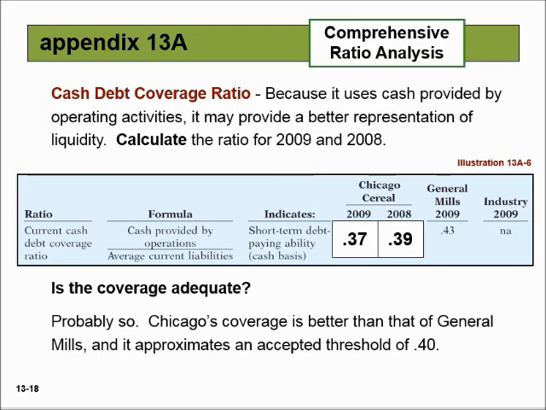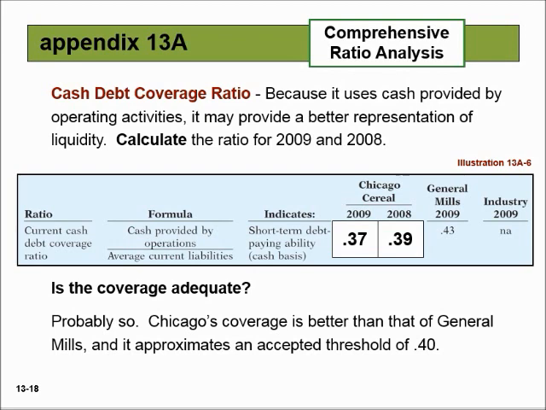All right, another liquidity ratio is our cash debt coverage ratio. Our cash debt coverage ratio tells us basically if we have cash flow provided by operating activities, does it handle our current liabilities, the average current liabilities? And here we start to get into the weeds a little bit, in the sense that we're looking at where the rubber meets the road as far as what you're going to use to pay those bills.